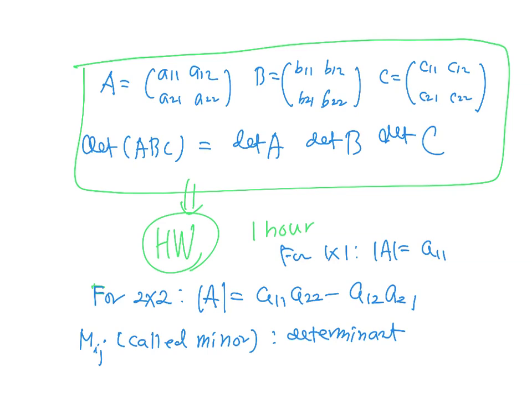So for that matrix, we define the determinant as just that element. For 2 by 2, we define it this way. And in order to extend the definition of determinant to 3 by 3, 4 by 4, we first define the notion of minor.